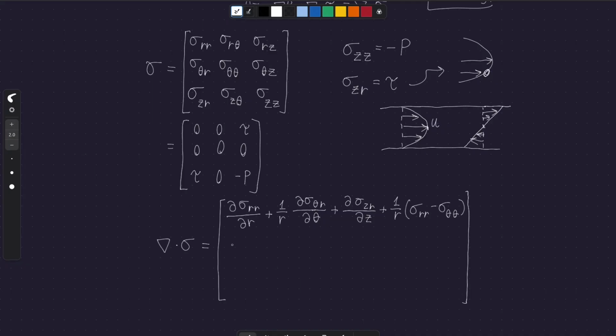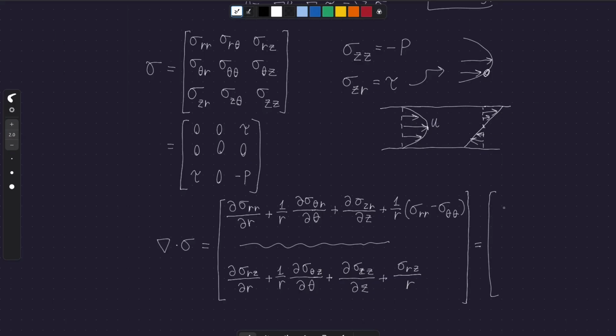The second line, I'm not going to write it out because everything goes to 0. Now the last line. This is all equal to 0.